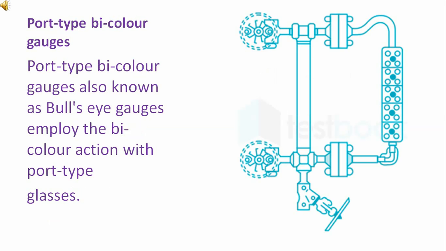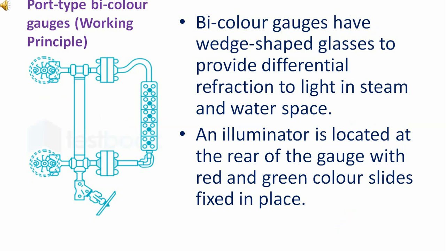Port type bicolor gauges, also known as bull's eye gauges, employ the bicolor action with port type glasses. Bicolor gauges have wedge-shaped glasses to provide differential refraction to light in steam and water space.